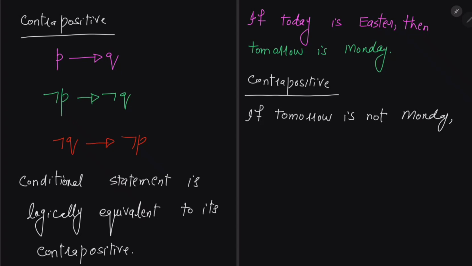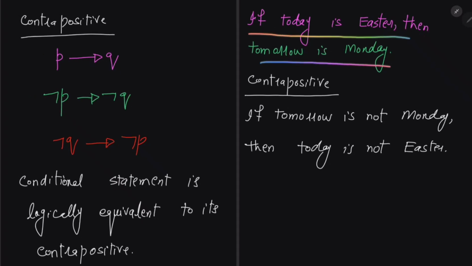So it cannot be Sunday anyway. If it is not Sunday, then today is not Easter. So you can see that if this statement is true, then its contrapositive is also true.